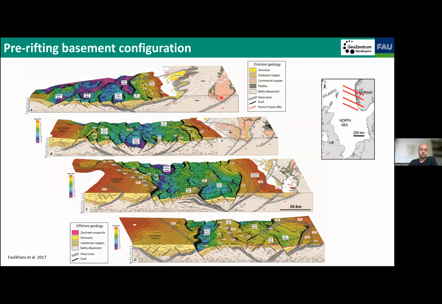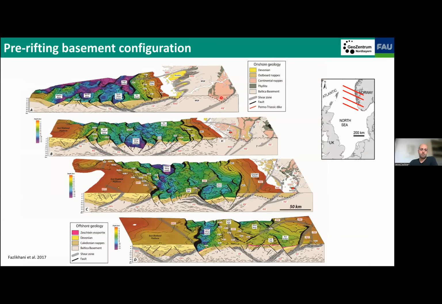Towards the northern North Sea rift system, some of these pre-existing structures are reactivated, and some of them are cross-cut by the rift faults. Those that are reactivated localize the strain along the structure. So there is a complex pre-rift history in the northern North Sea, but we are going to focus on the rifting itself.